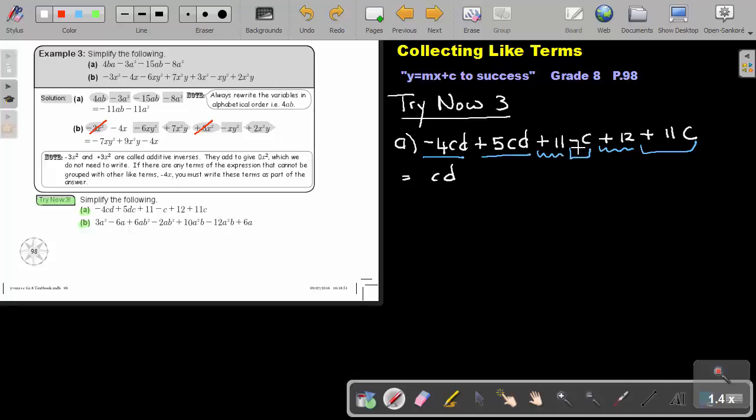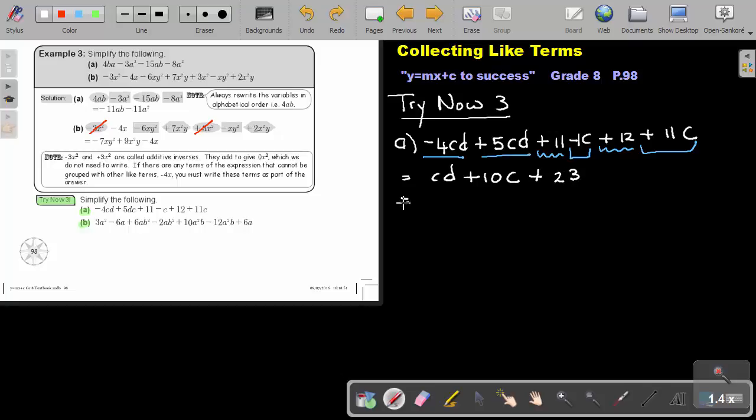So, negative C, remember this is 1. If there stands nothing, it's 1. So let's just write it better, otherwise you're going to confuse it with a positive. So 11 minus 1, that will be positive 10C. And then 11 plus 12, what will that be? That will be 23.